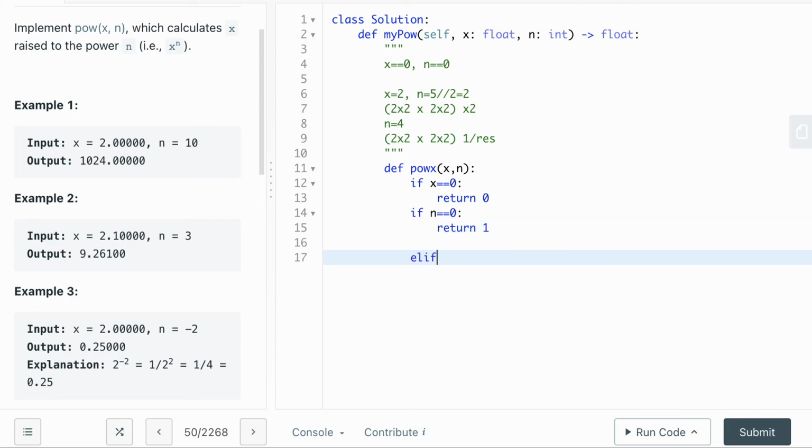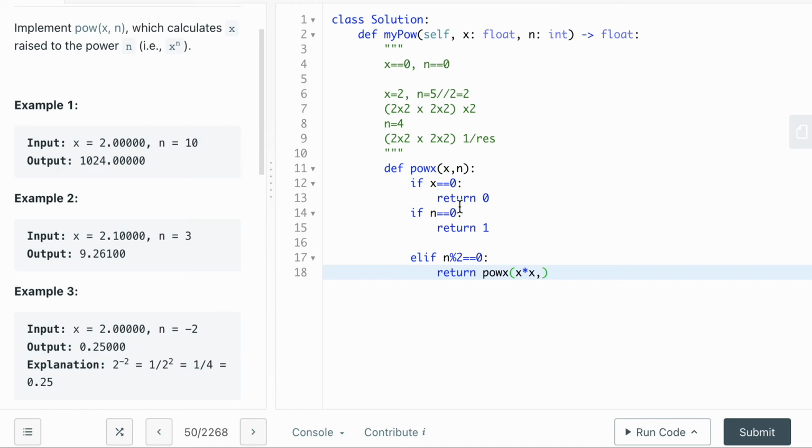And then if n divided, I get the remainder of 2. Basically, if it equals 0, that is the even case that we talked about. If it's an even case, for example 4, what you need to return is you call the pow function, and you do x times x, like what you did here.